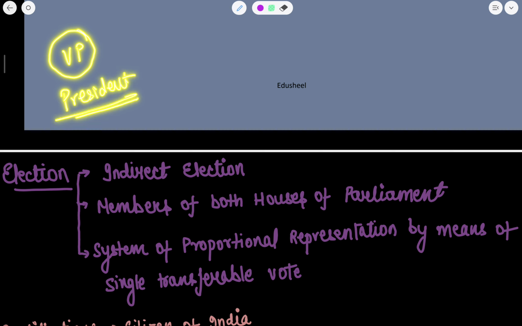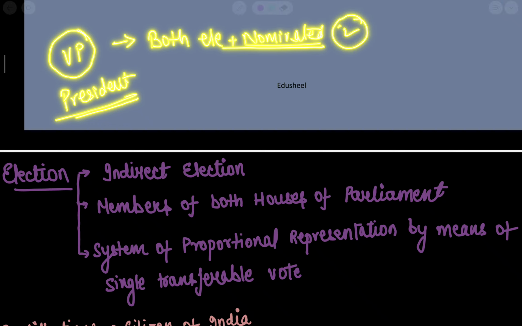Now, how is it different? It is different because in the election of Vice President, both elected as well as nominated members of the parliament give vote, whereas in the election of the President, only the elected members play a role in the election.